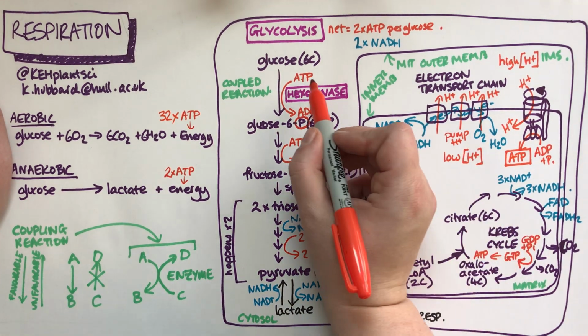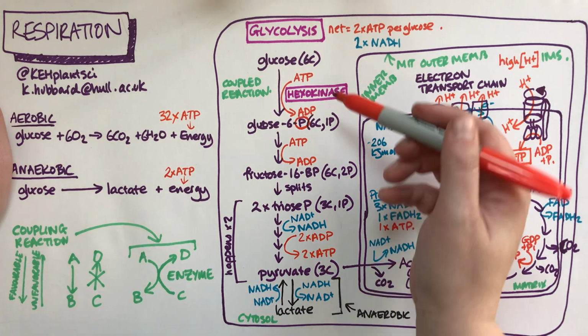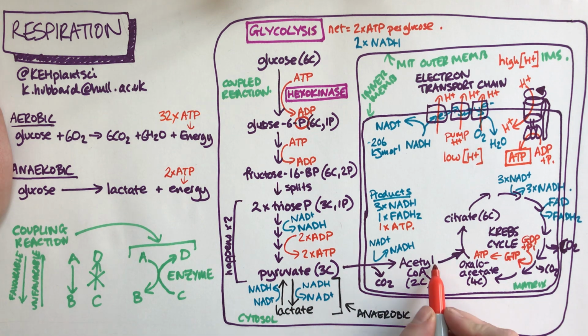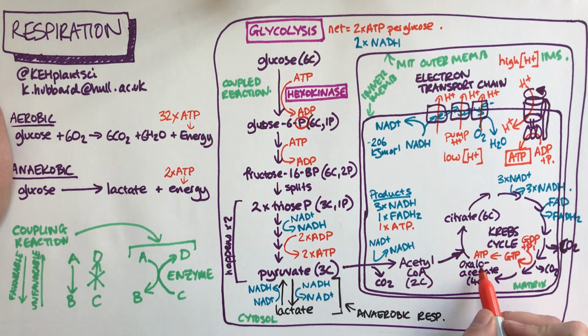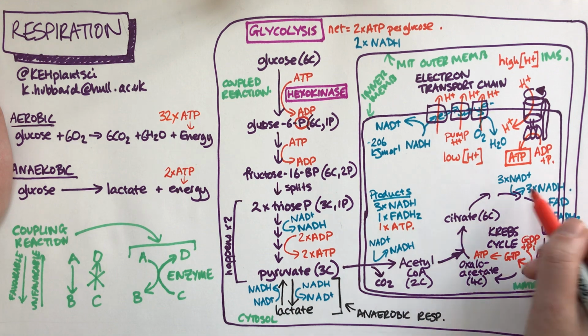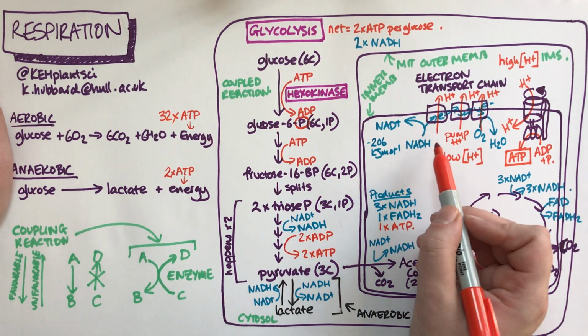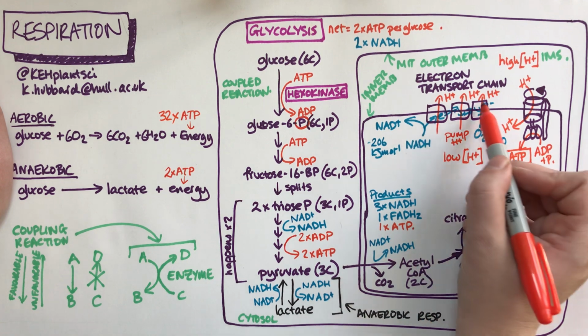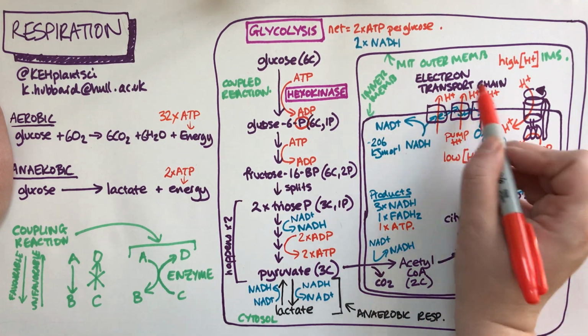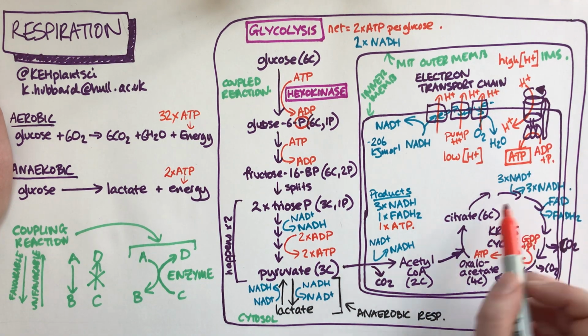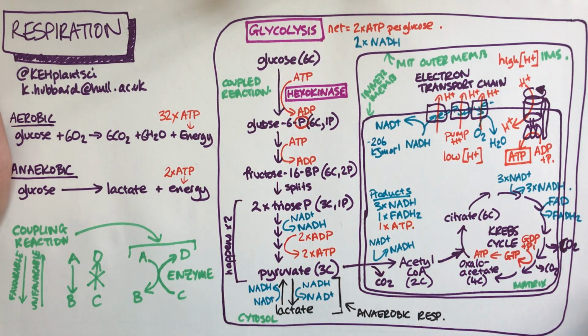So if you can do that, then it's a good idea not to stop at pyruvate and lactate, but to take things into the mitochondrion, go to acetyl-CoA, go through the Krebs cycle, burn all the carbon to CO2, make loads and loads of this NADH molecule, use the energy from the electrons to pump the protons, and then use the movement of the protons finally to make ATP at the ATP synthase complex.